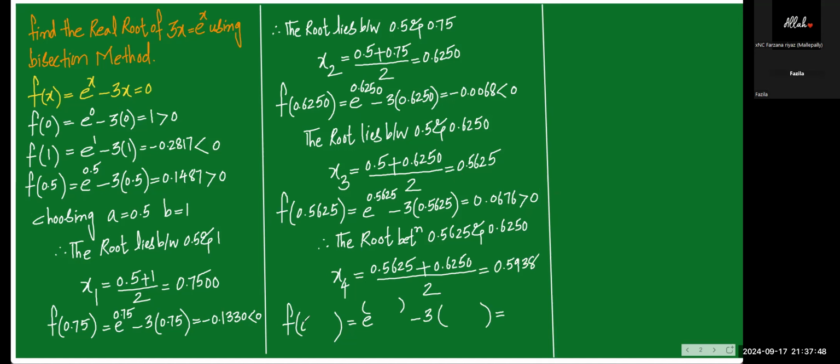So 0.5938, 0.5938, 0.5938, and then tell me the answer: 0.0295.